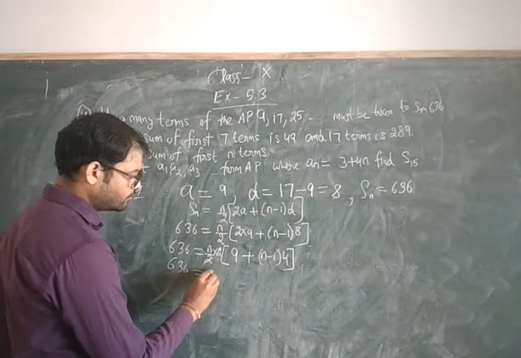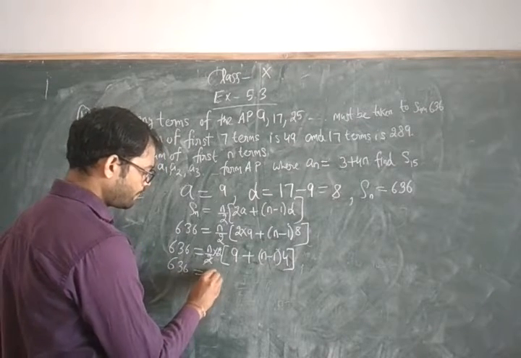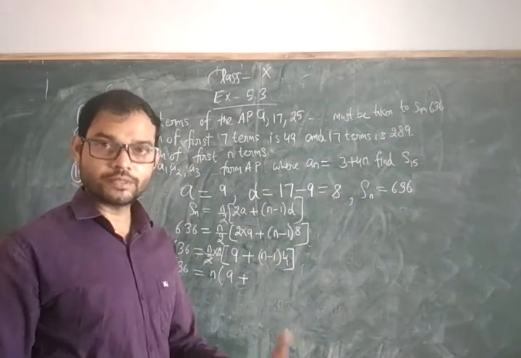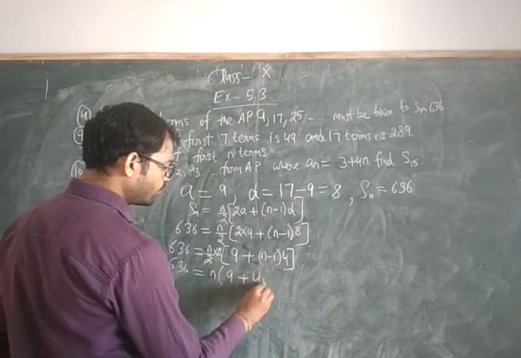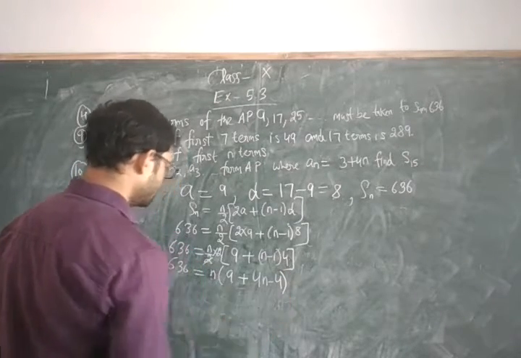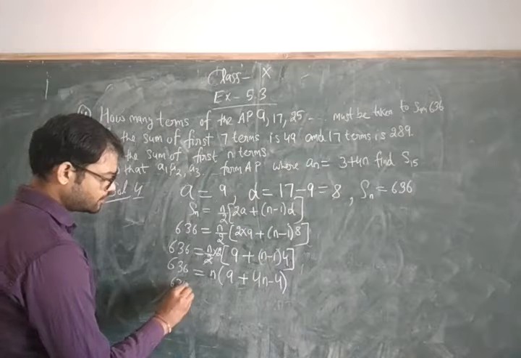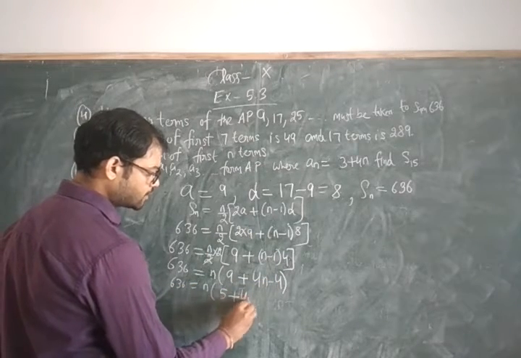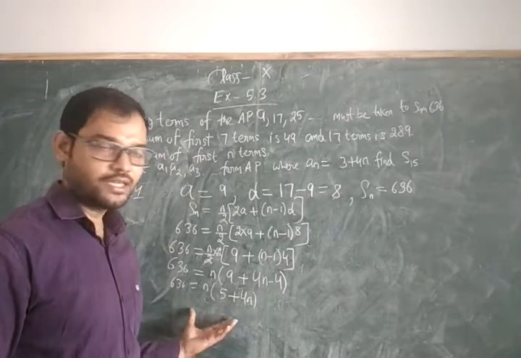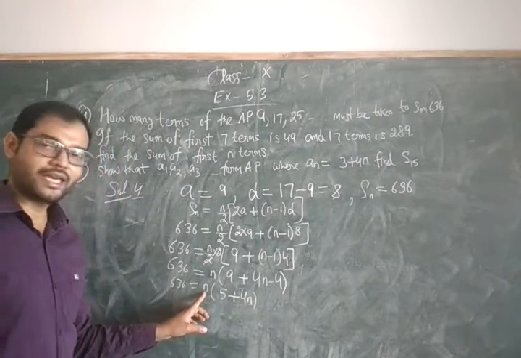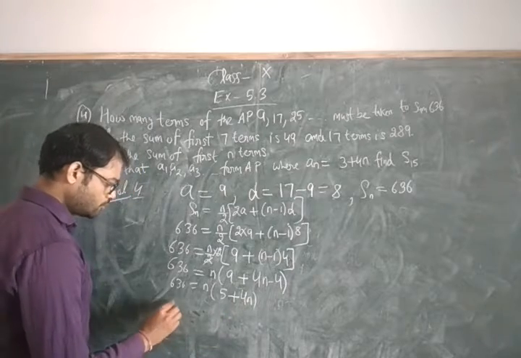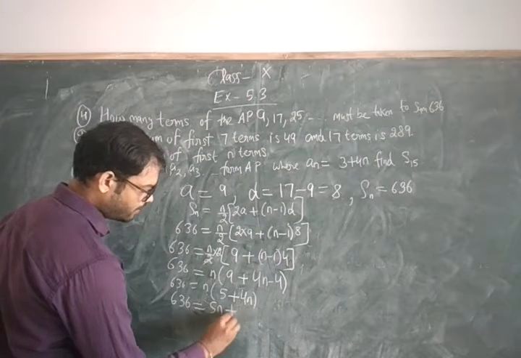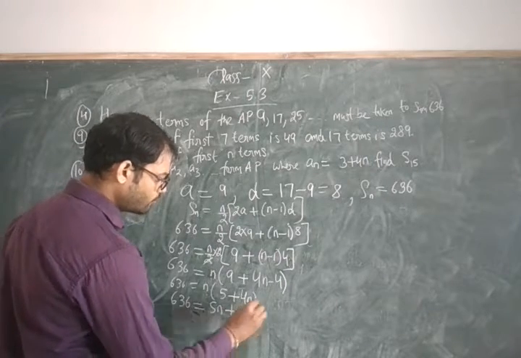So 636 is equal to n into 9 plus, multiplying this 4 inside the bracket, 4n minus 4. Now 636 is equal to n into (9 minus 4, which is 5, plus 4n). After this multiply this n inside the bracket. So 636 is equal to 5n plus 4n square.